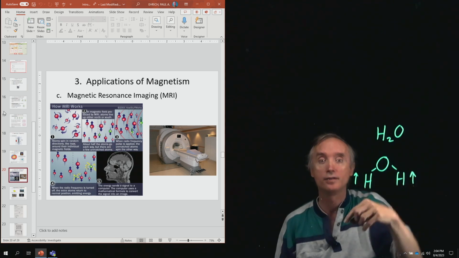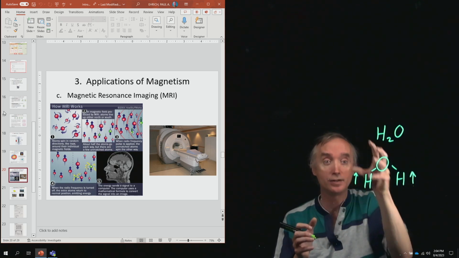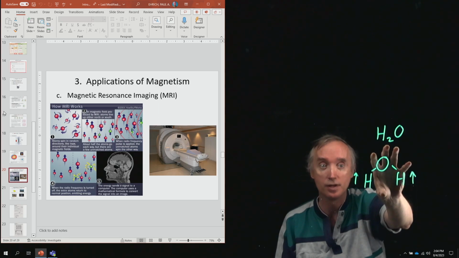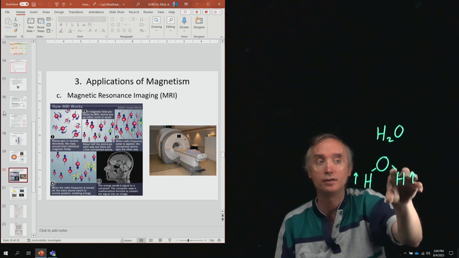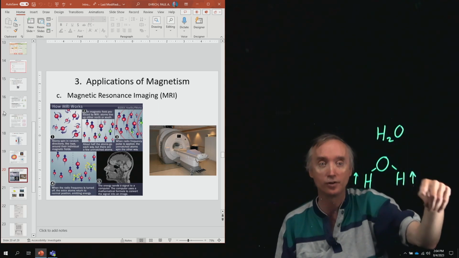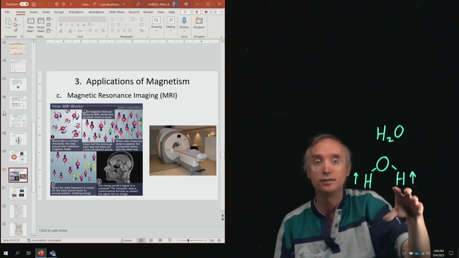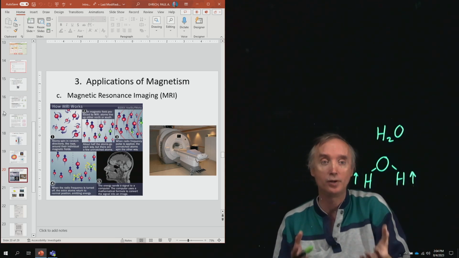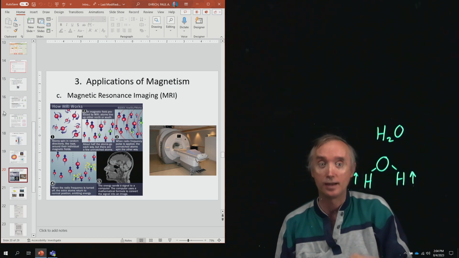And so these atoms are going to emit a radio wave of a certain frequency, and then the machine is going to pick that up and then turn it into an image. And so that is the image of a head there as done with an MRI machine. So it's a great device for imaging the inside of the human body.